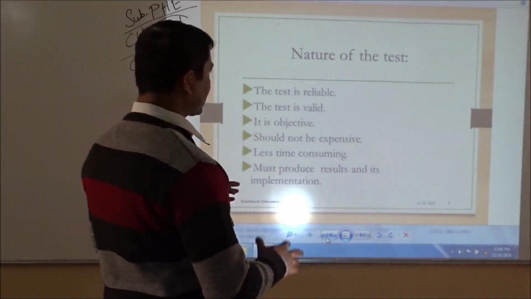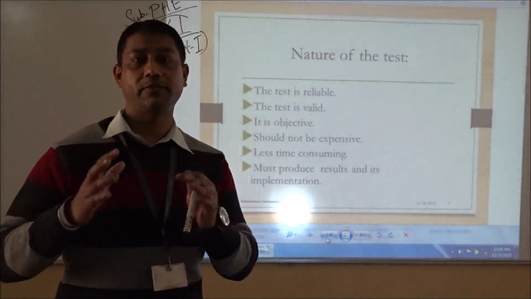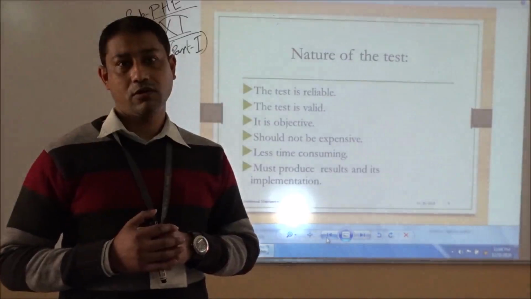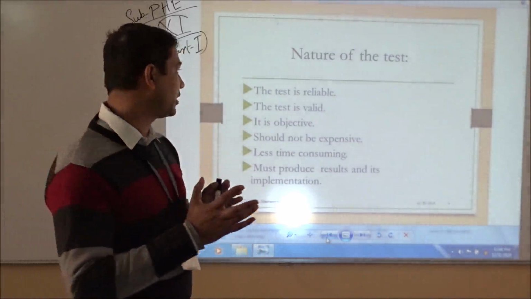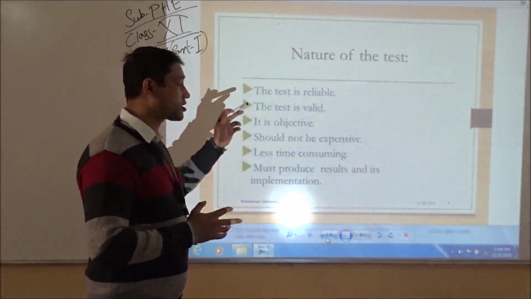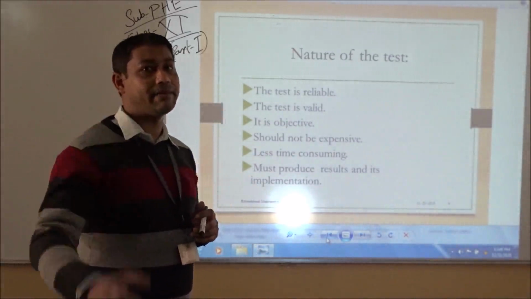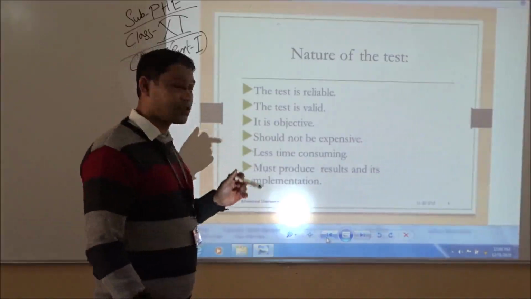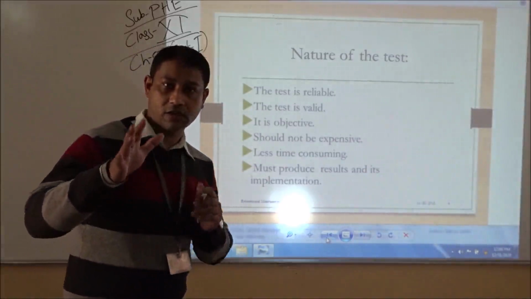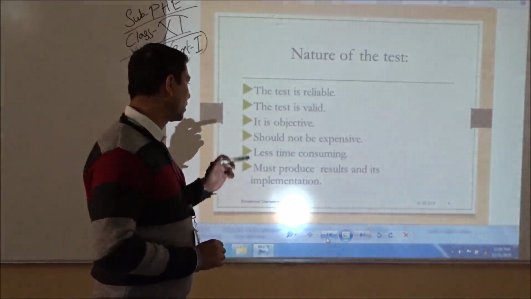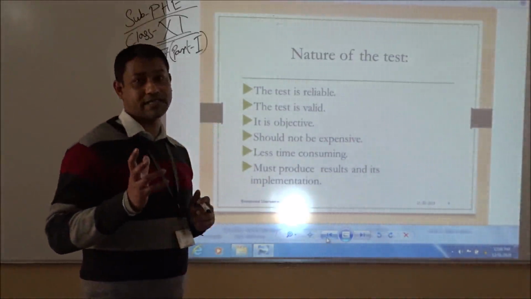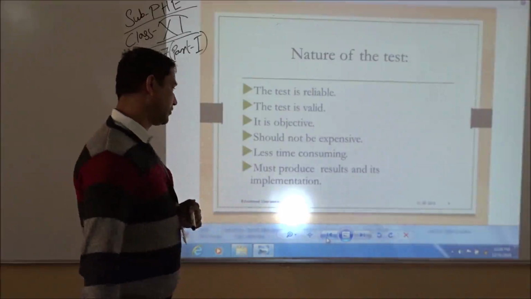Next we are going to discuss the nature of test. What are all the natures of test? So the test has to be reliable. The test has to be also valid. It is objective. Test is always objective.